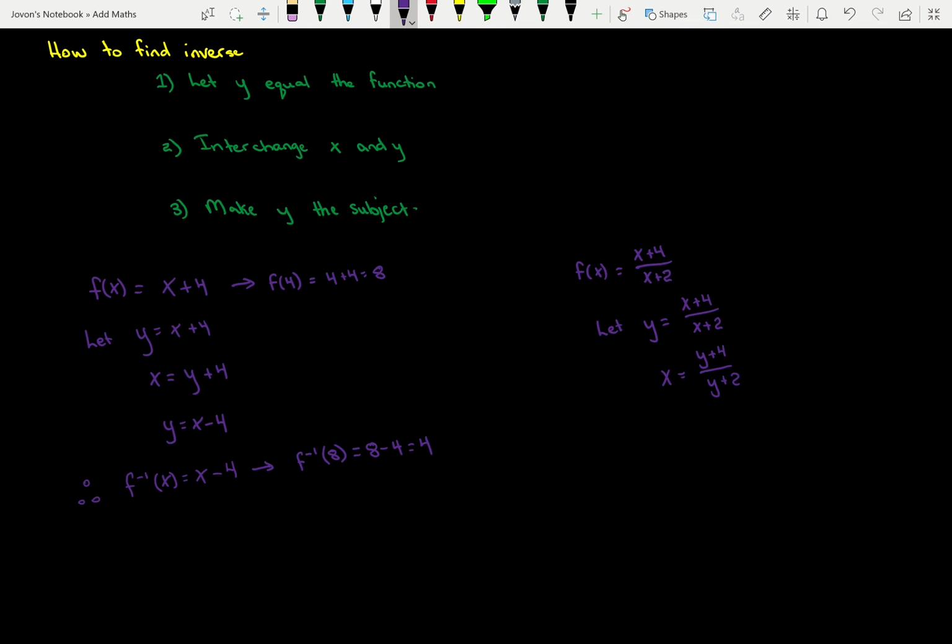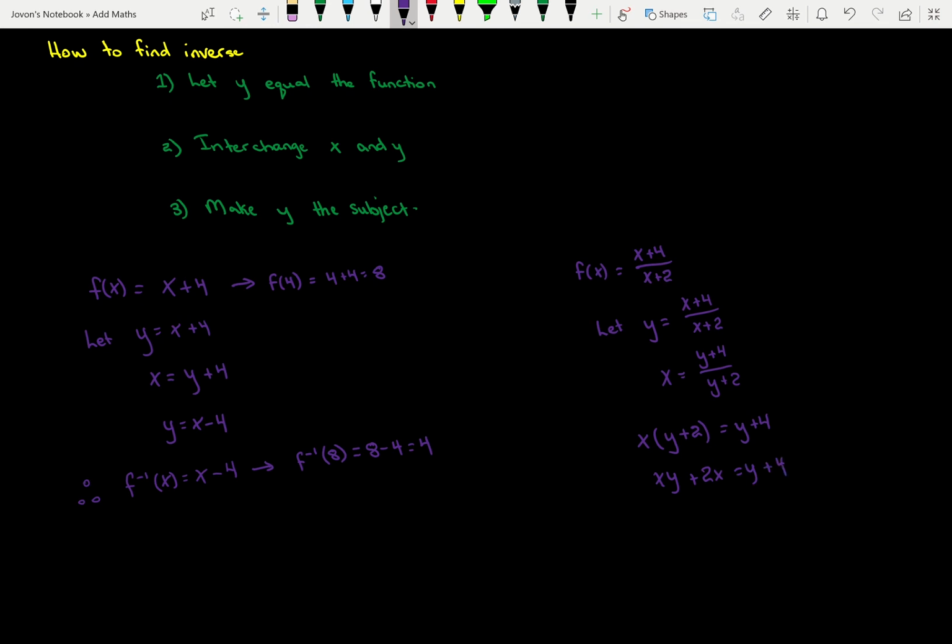Then we make y the subject. Actually, let me do it simply so you can all understand exactly what I do. So we multiply x by y plus 2. This will give you y plus 4. Then we have xy plus 2x is equal to y plus 4.